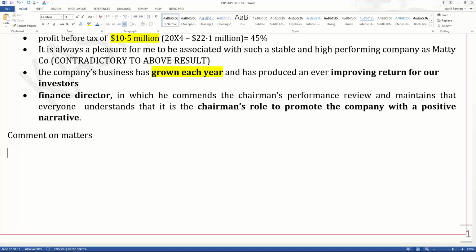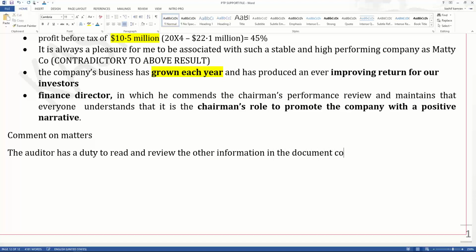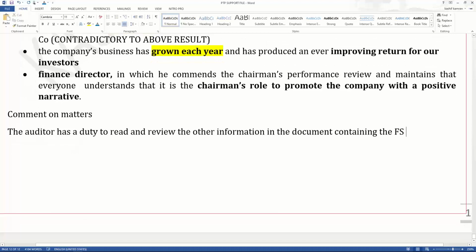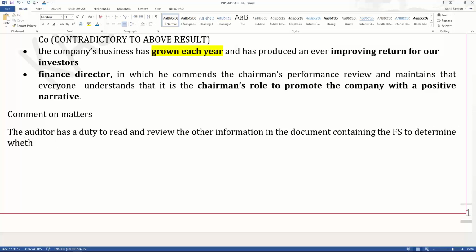So first of all, the auditor has a duty to read and review the other information in the document containing the financial statements to determine whether there are any material inconsistencies within the other information or not.